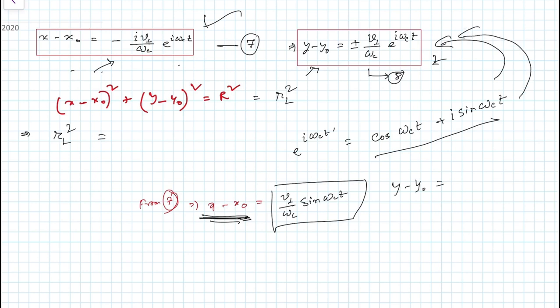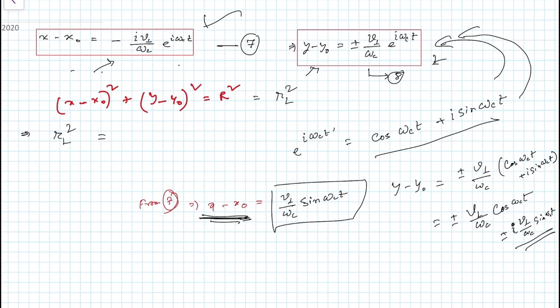If you put this value here, you will get plus minus omega v perpendicular by omega c into cos omega c t plus i sin omega c t. Multiplying, this gives plus minus v perpendicular by omega into cos omega c t, and in the next part you get i into i, plus minus i v perpendicular by omega c sin omega c t.